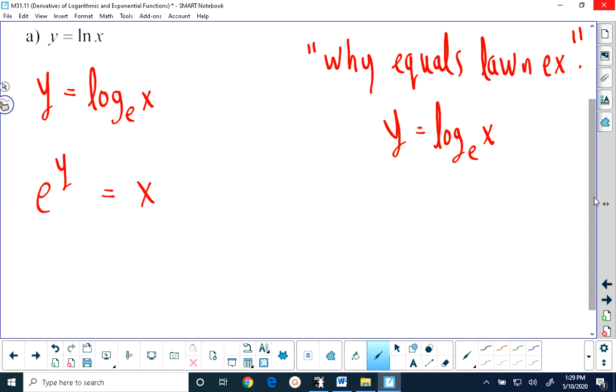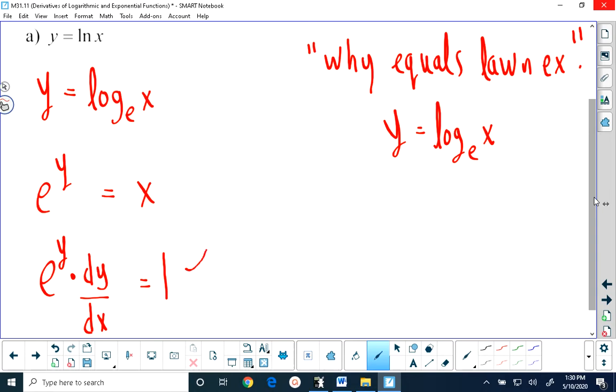The derivative of the left-hand side, well, the left-hand side is e to a function of x. We learned on Monday that e to the function of x has a derivative of e to the function of x multiplied by the derivative of the function of x. And on the right-hand side, we have x. And the derivative with respect to x of x is 1.